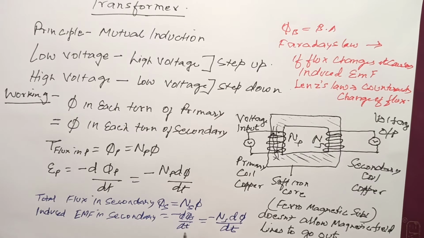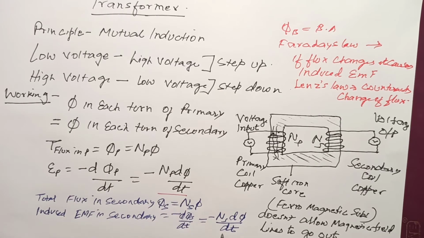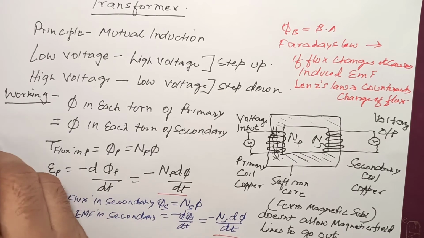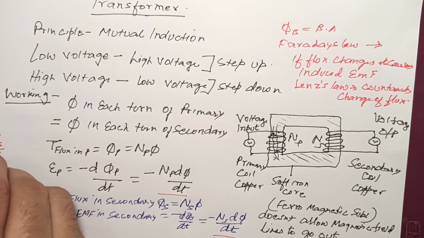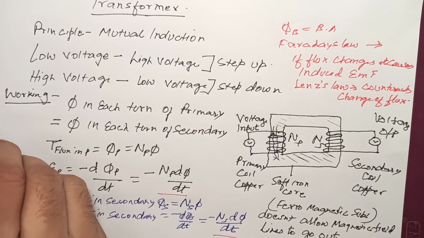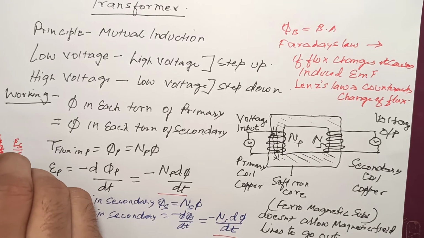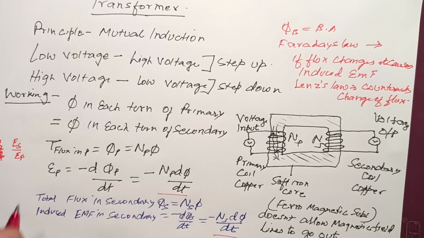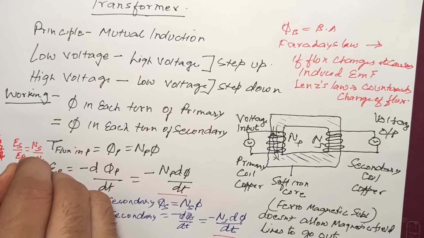Now if I divide EP and ES, I will get ES by EP is equal to NS by NP.